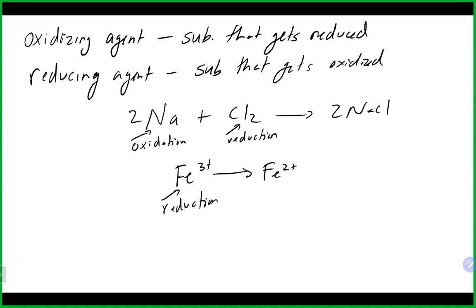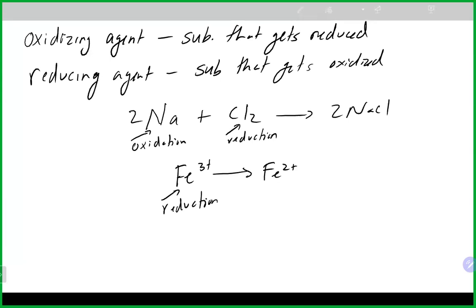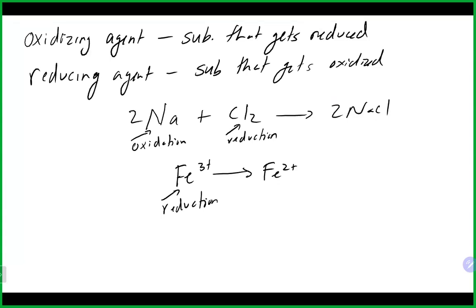So when you're asked what is being oxidized and what is being reduced, that is a different question than when you are asked what is the oxidizing agent or what is the reducing agent. Those are different questions. In the case of our first example, because the sodium on the left is going through oxidation, that means the sodium here is our reducing agent.